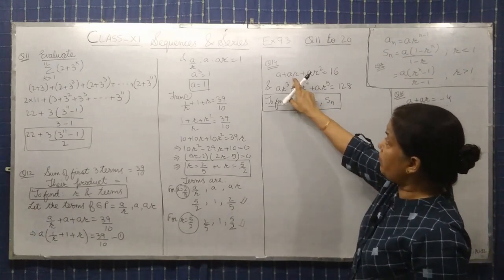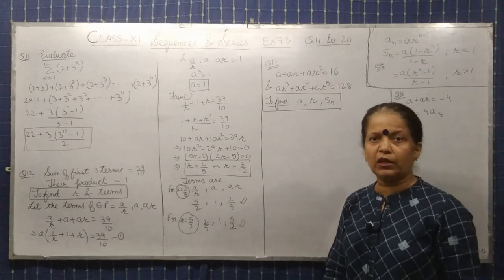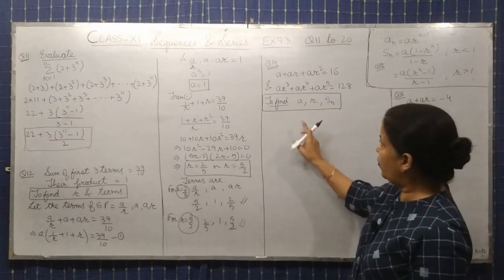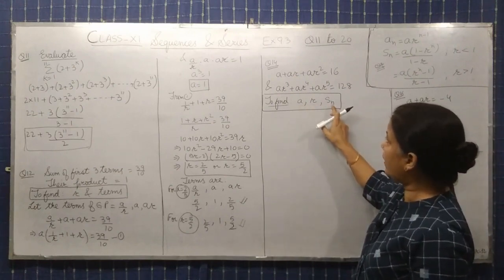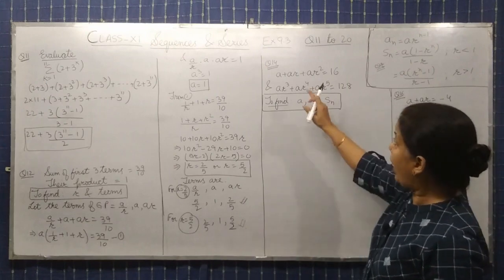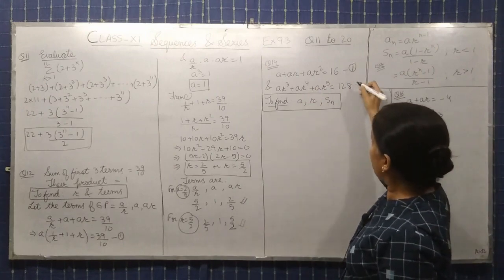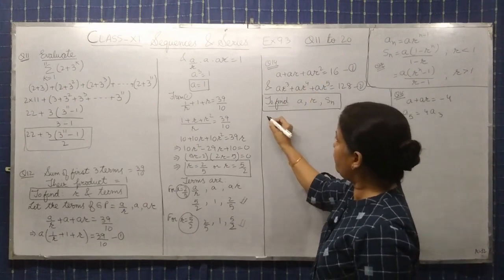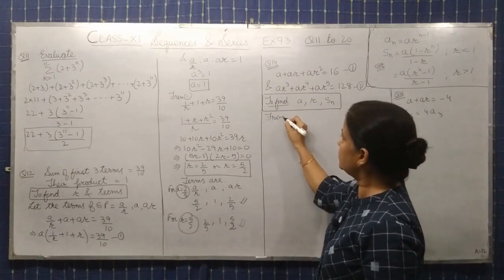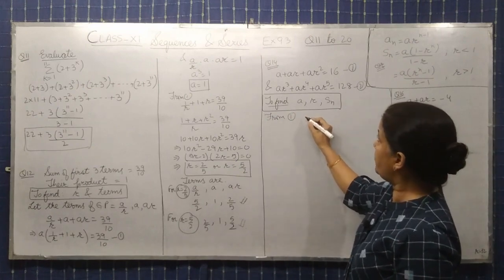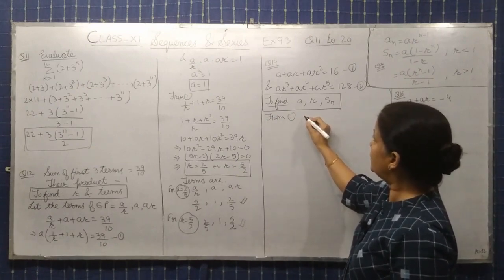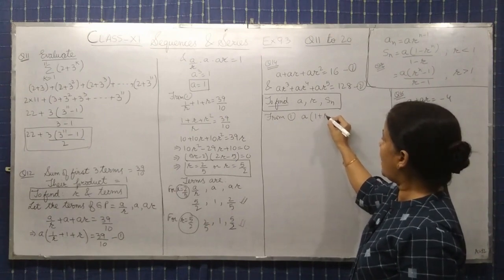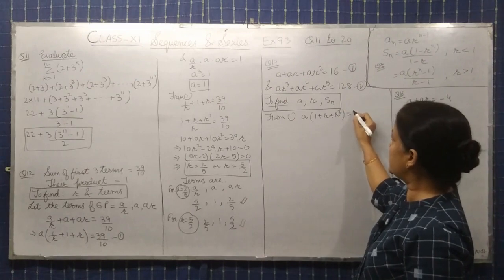Question 14. It is given the sum of three terms is 16 and the sum of the next three terms is 128, and you have to find A, R and the sum of n terms. So from here, take equation 1 and 2. From the first, if we take something common, it will be A into 1 plus R square equals 16.